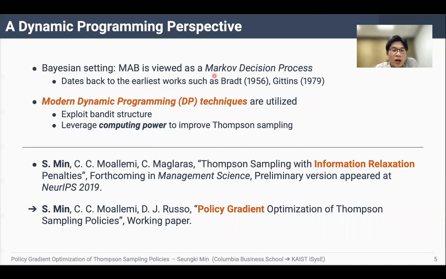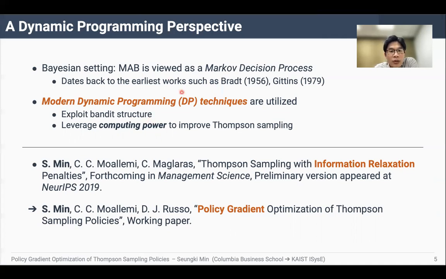And of course, the Bellman equation for this MDP problem cannot be solved explicitly, so we cannot implement the optimal policy, but we can still understand Thompson sampling as a very effective heuristic policy that solves this MDP problem. And we can utilize modern dynamic programming techniques to improve Thompson sampling by leveraging the computing power and also by exploiting the structure of the problem.